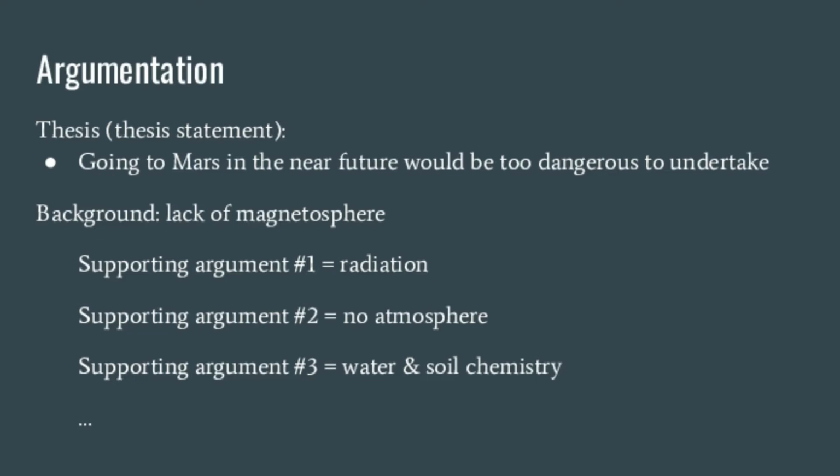So after my intro paragraph and thesis statement, I might have a background paragraph talking about differences between Mars and Earth, particularly in terms of the magnetosphere. Because then that sets up at least two, if not three or more, of my main arguments.